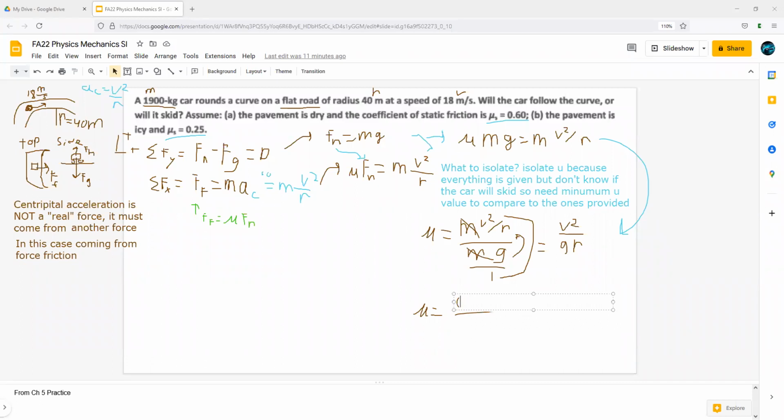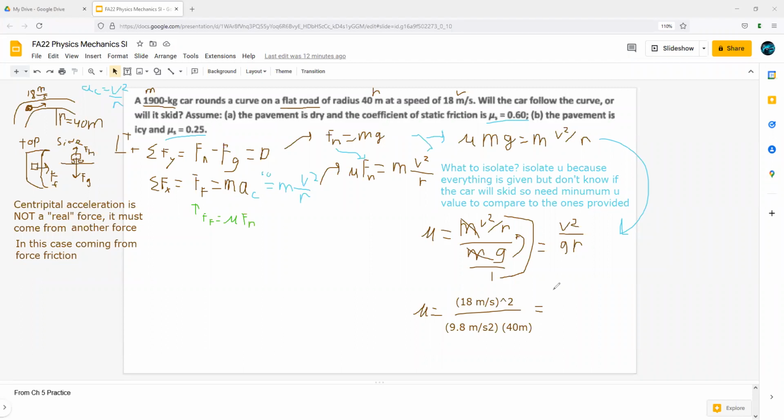V is 18 meters per second, squared. g r, and you have your radius, which is 40 meters. Note that the units, meters and seconds squared, are going to cancel out.